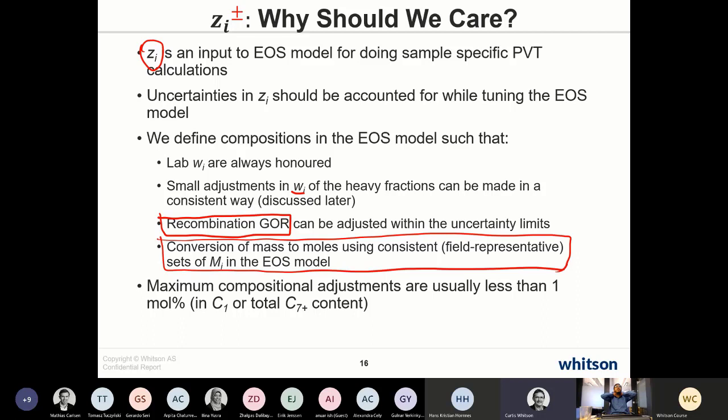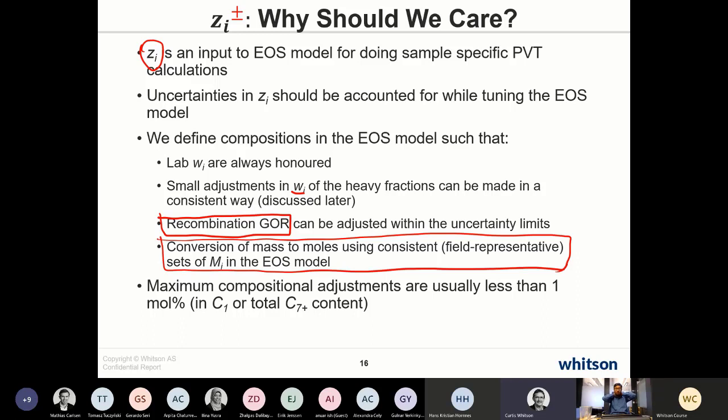If you're only going to match one sample from a field, you probably don't need these various compositional uncertainty knobs to turn. It probably would be wrong to do it as well, having only a single sample.